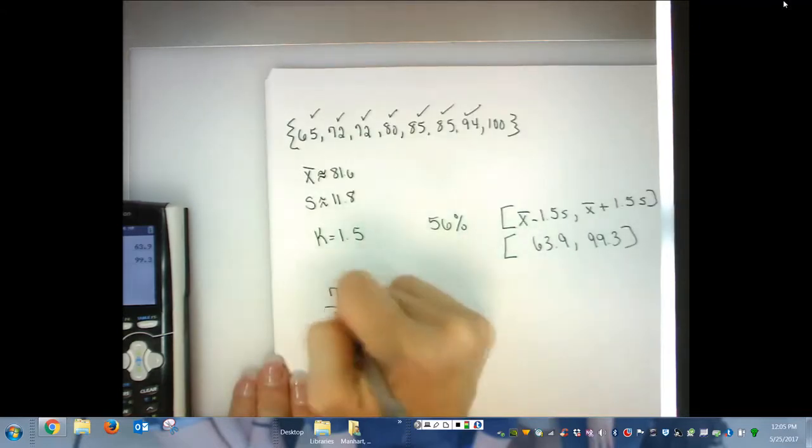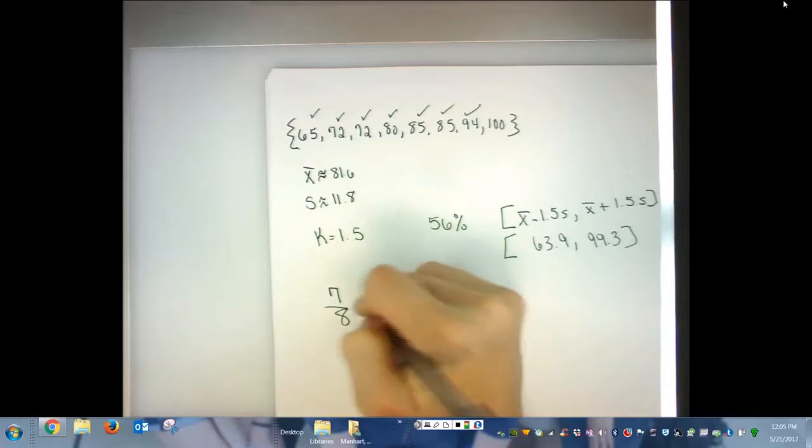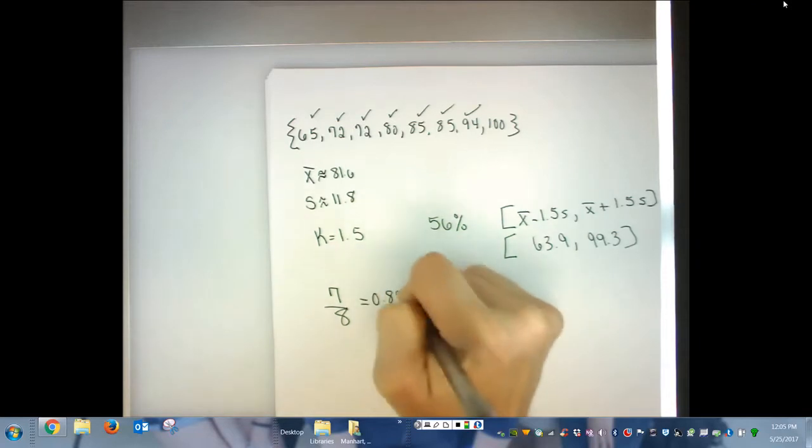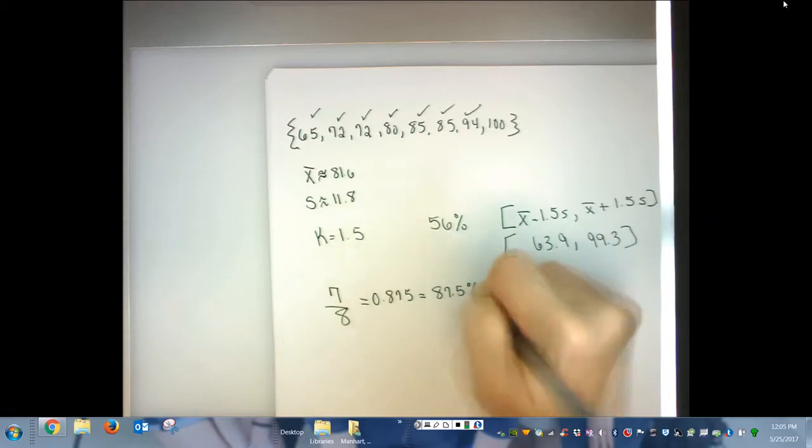7 out of 8 of them fall within 1.5 standard deviations of the mean. And that gives a decimal of 0.875, which is 87.5% specifically.